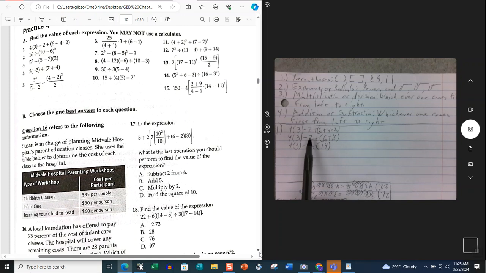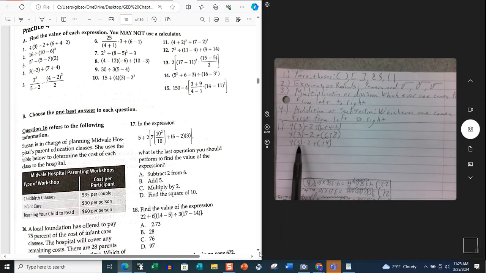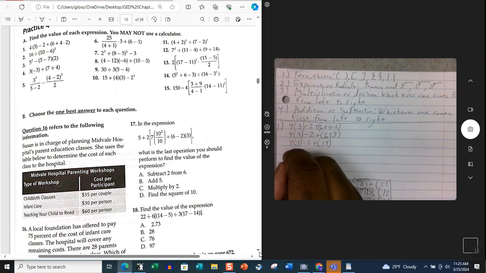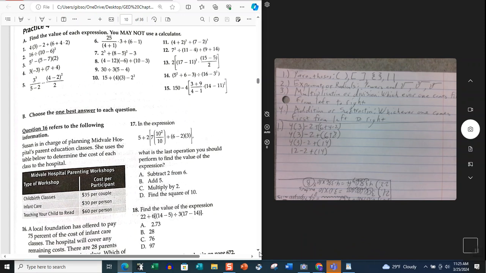So now what we're left with is these parentheses are basically multiplication. So we're left with multiplication, subtraction, addition. So we know multiplication comes before subtraction and addition. So we would do 4 times 3 is 12, minus 2 plus 14. Now we have subtraction and addition.